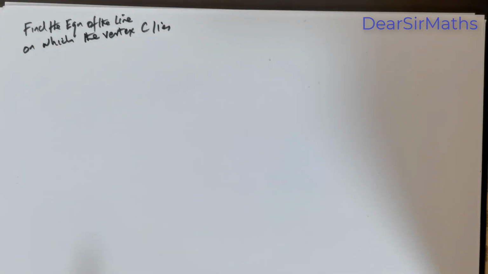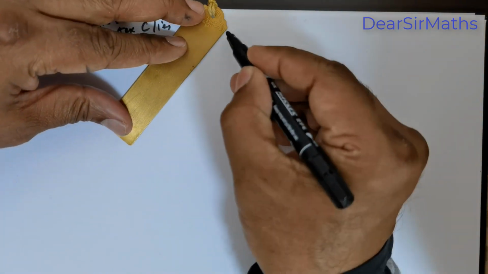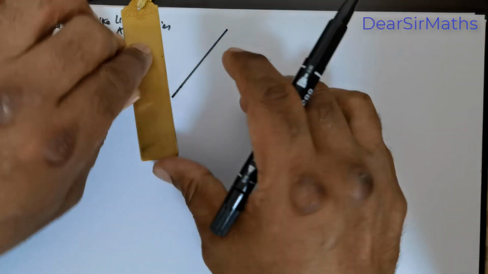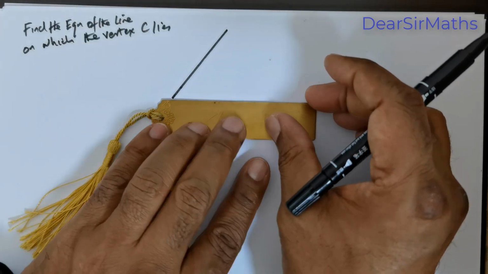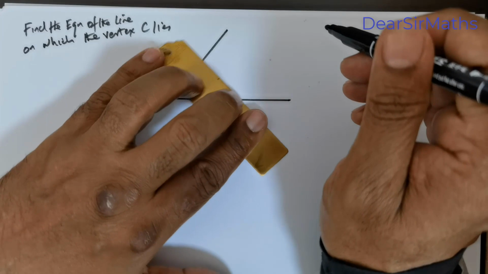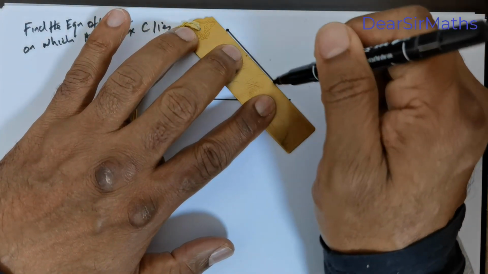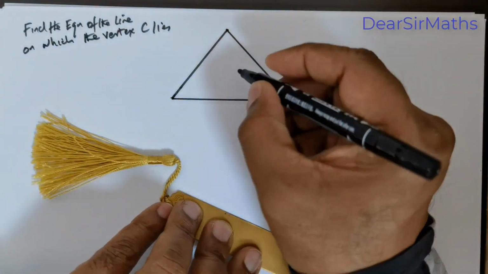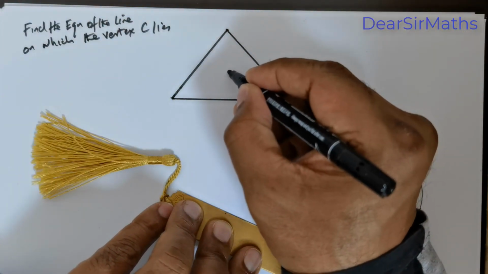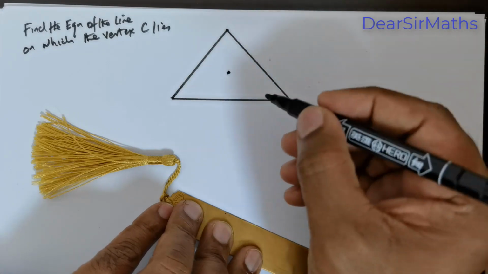Let me draw the figure. You have a triangle and you are given a centroid, and the coordinates.